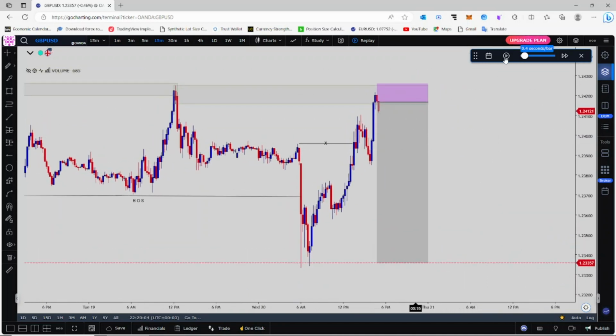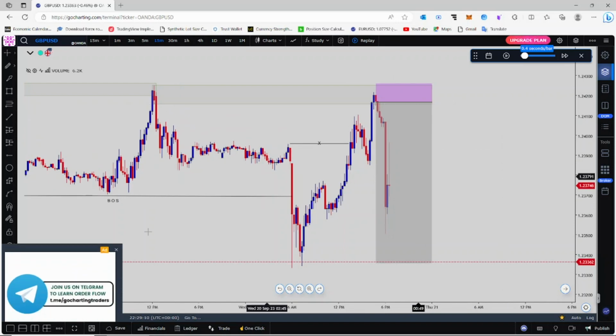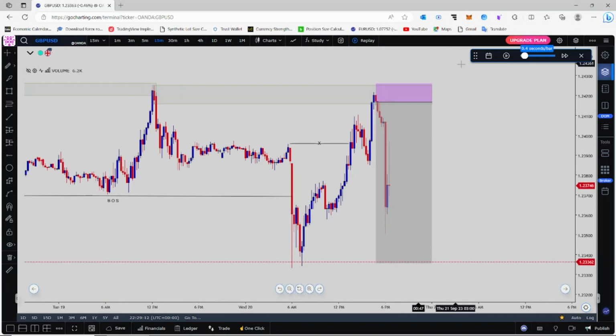And immediately, boom, we had this short to the downside. And that was how we hit our TP on the GBP USD.